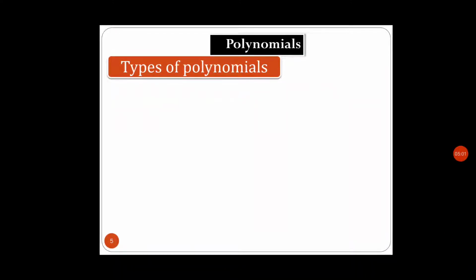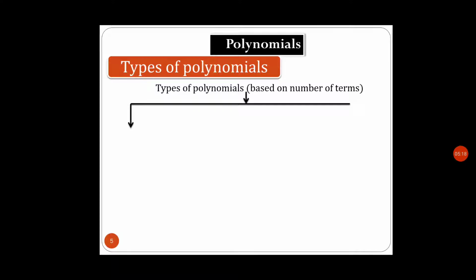Types of polynomials. In previous classes we saw some types of polynomials, based on the number of terms. The first is 2x, 5. In this, 2x has only one term.